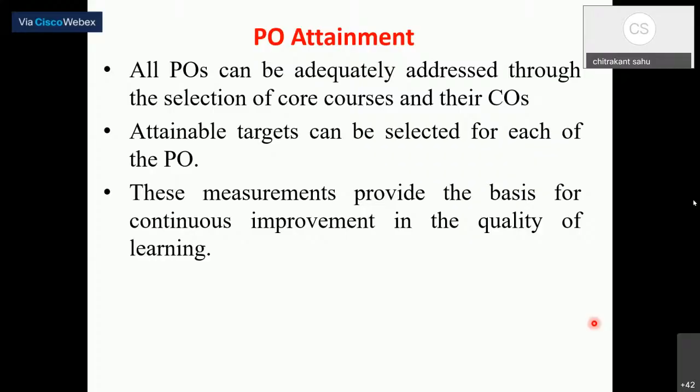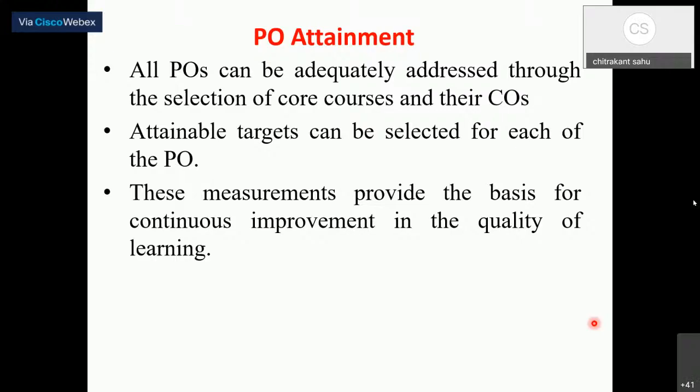Suppose I have 5 outcomes, and I give 10 hours for CO1, and others 5 or 6 hours. If I am focusing 10 hours on CO1, then the correlation between the PO and the CO may be high.